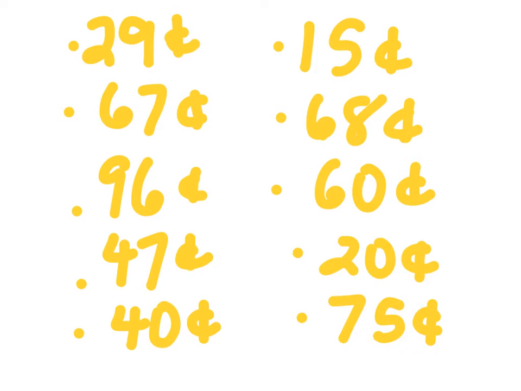Okay, so in pairs, I don't care how you break up, but one person will do one, and then the next person does the other, and then you just keep taking turns counting back change for each other and making sure that you can do it.